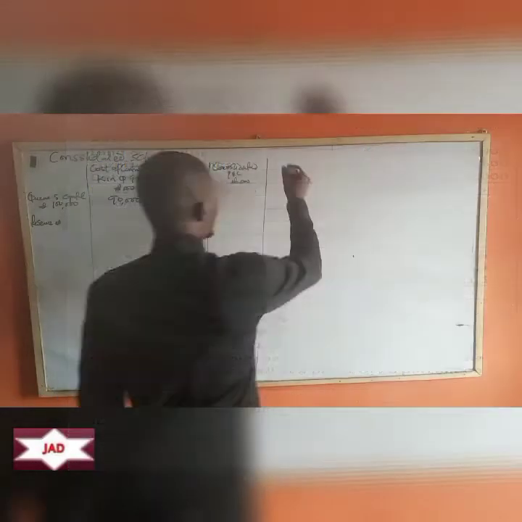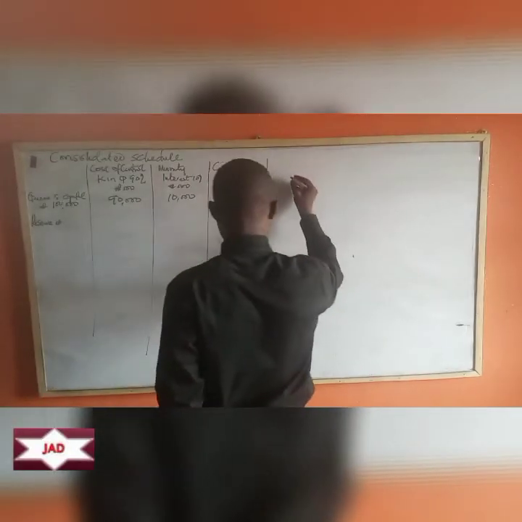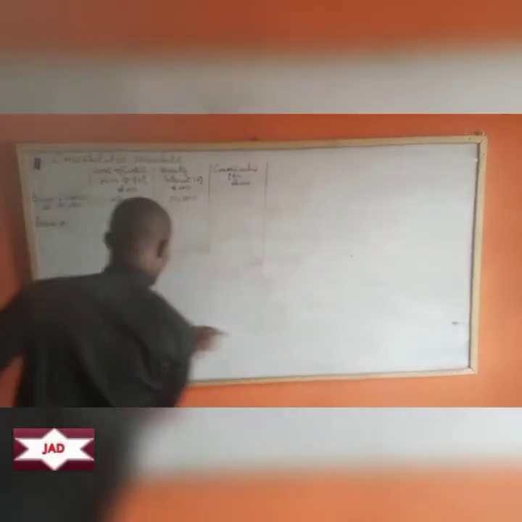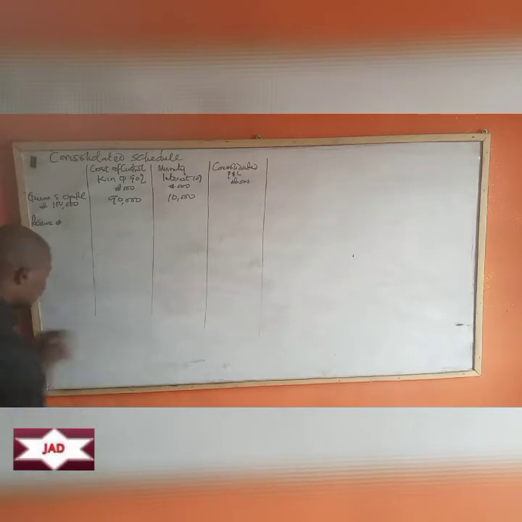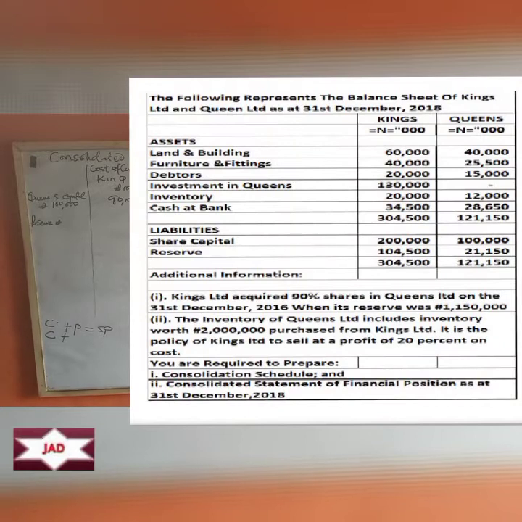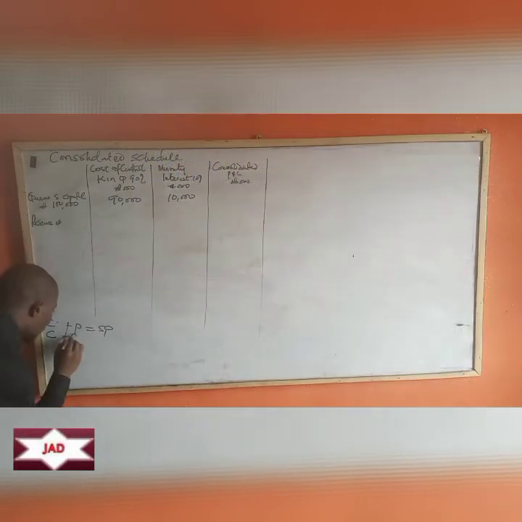We know that cost price plus profit is equal to selling price. The cost we don't know. Profit is 20% of the cost, according to the question. So that will be plus 0.2C.